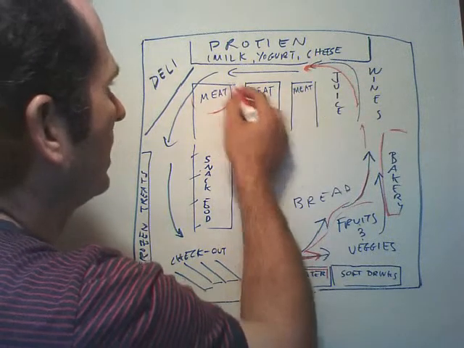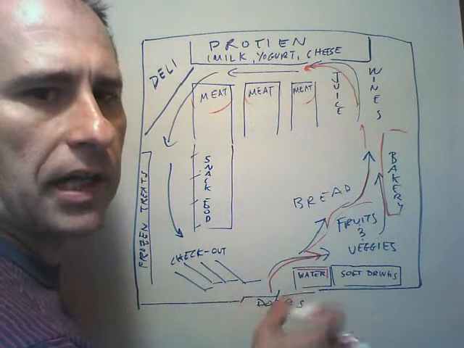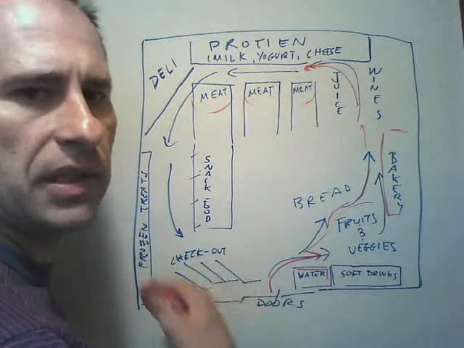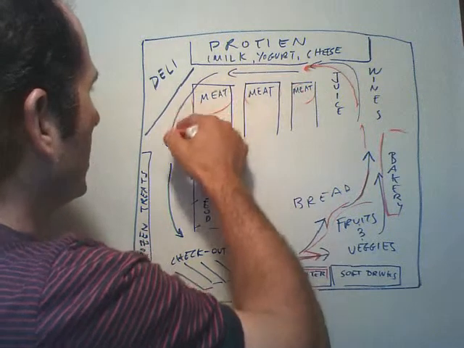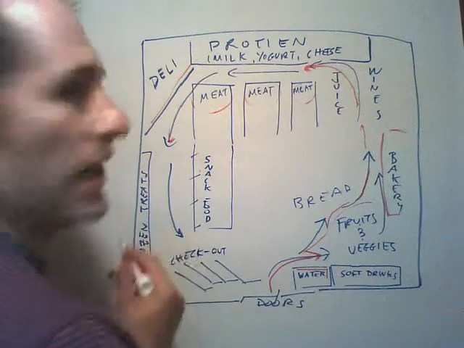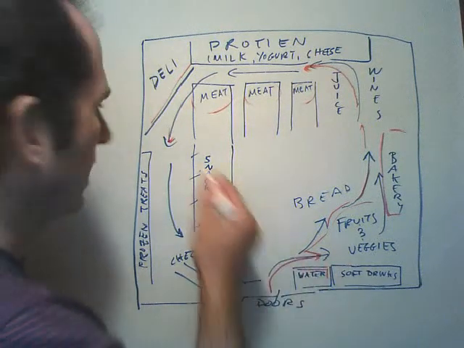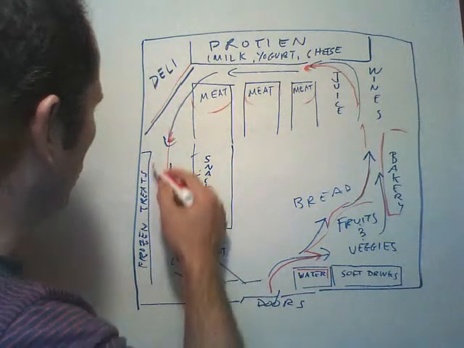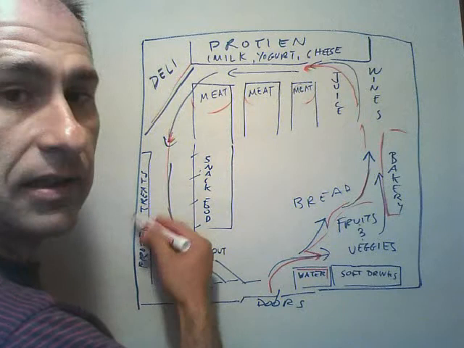Down here would be lockers of meats that you can look at, steak, ground beef, pork, whatnot. As you come around this way again, the deli's right here for you to buy prepared food.